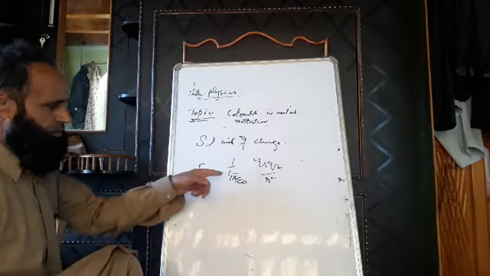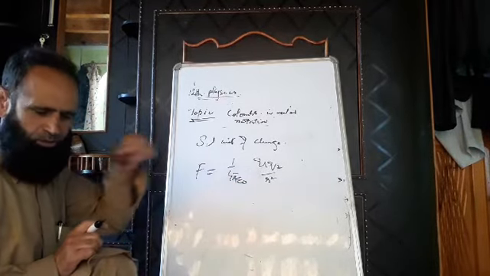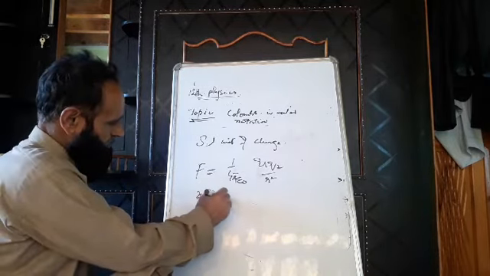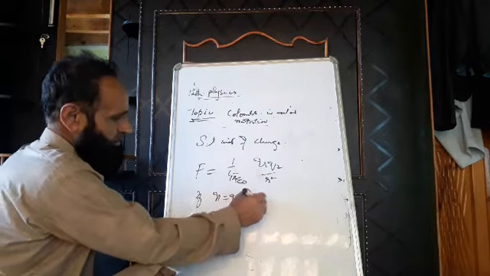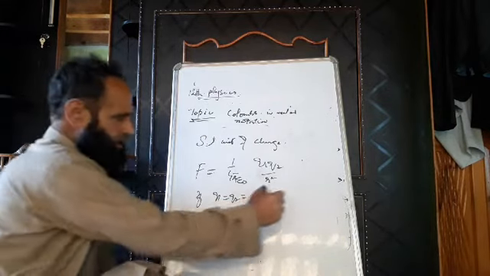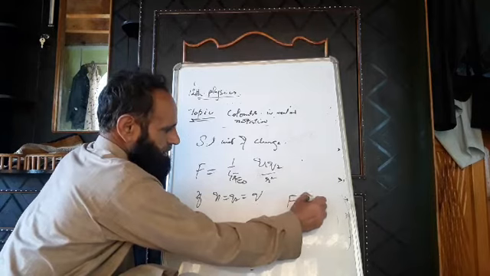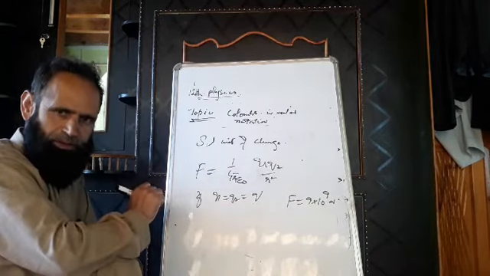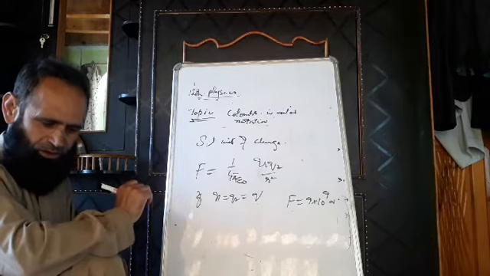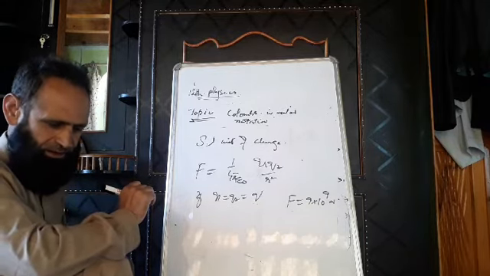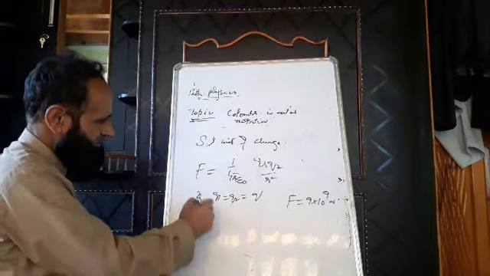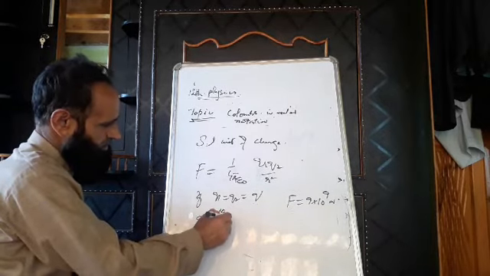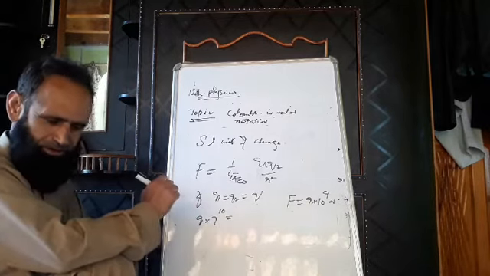So F is equal to 1 by 4 pi epsilon naught Q1 Q2 by r square. Say Q1 is equal to Q2, equal to Q, and 1 by 4 pi epsilon naught is equal to 9 into 10 to the power 9 newton meter square per coulomb square.